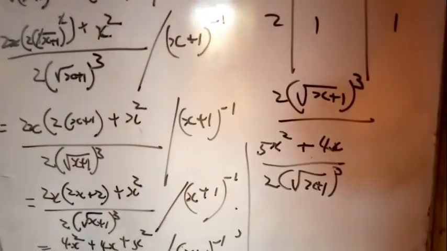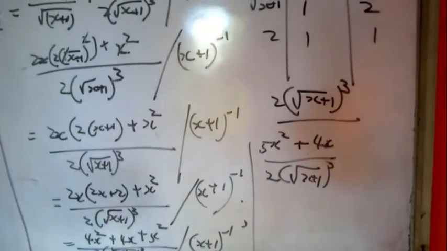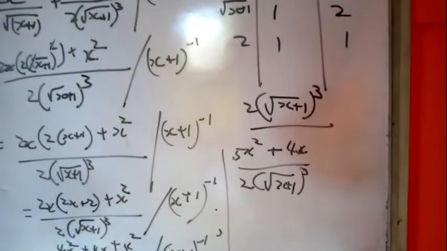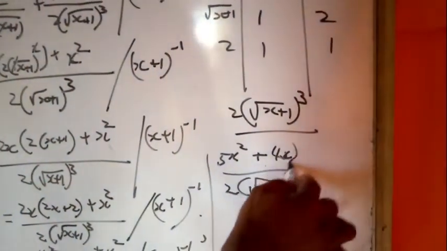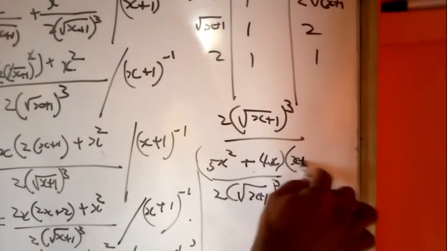Now here is 1 all over x plus 1, so x plus 1 will now go up. You will multiply whatever you have by x plus 1.